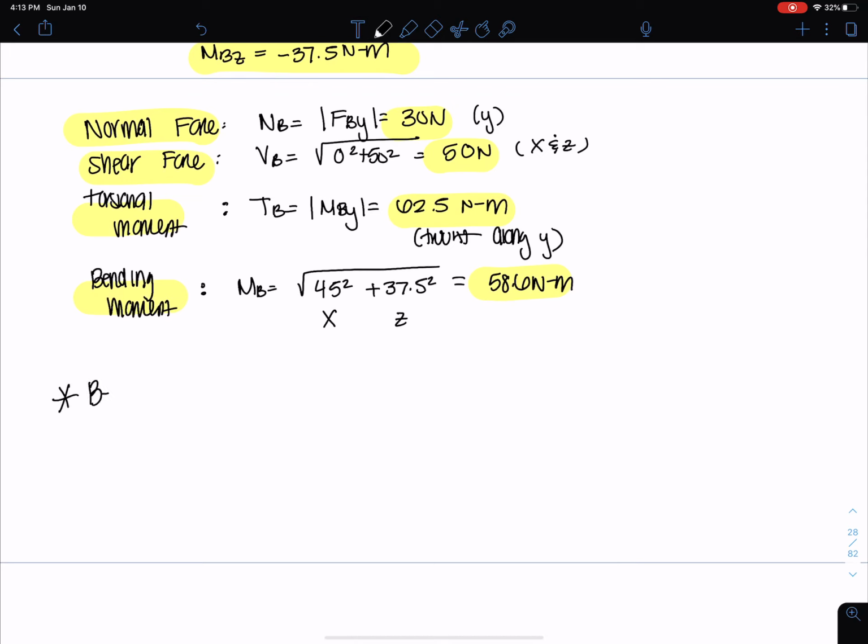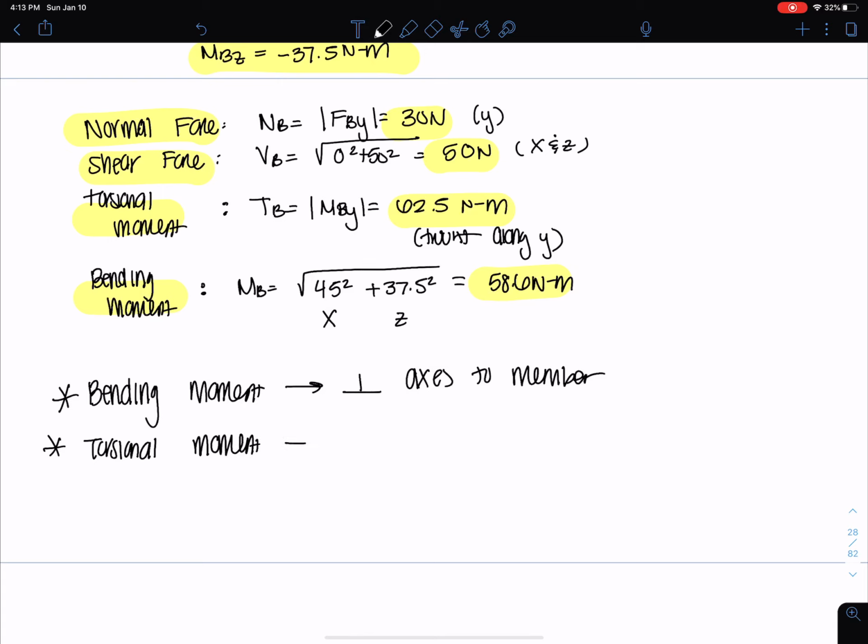So bending moment, torsional moment. Okay, so we're going to stop here for this video and continue in part 2 in the next video.